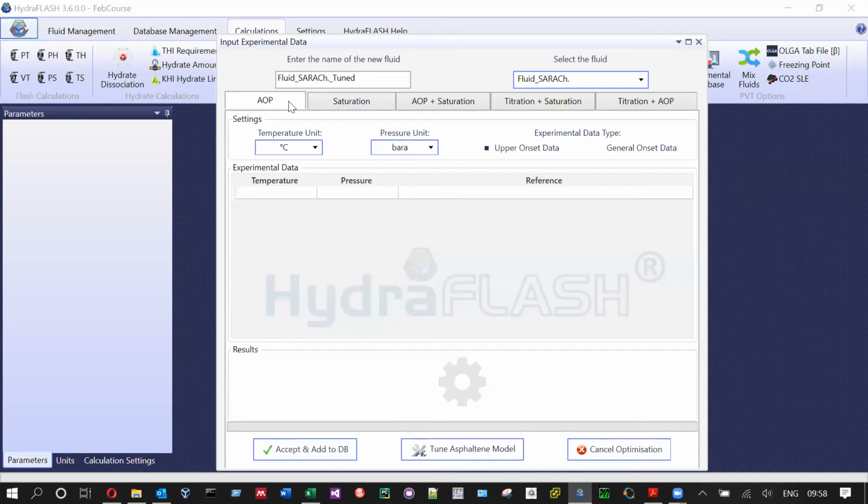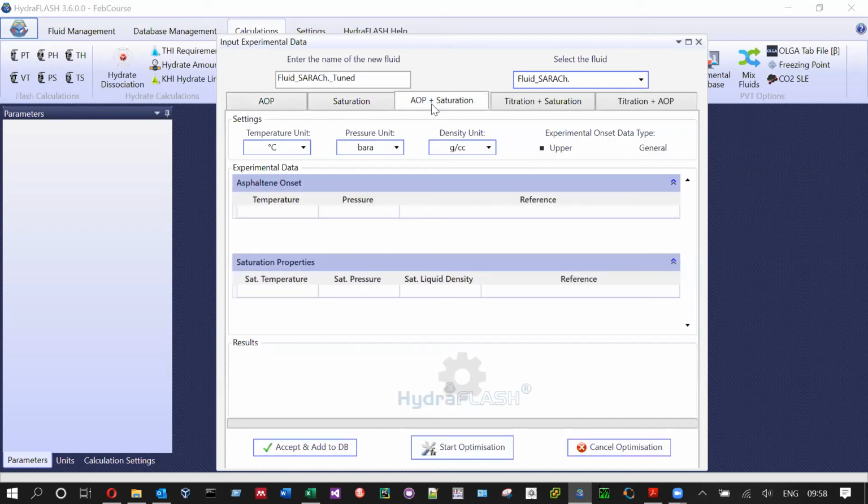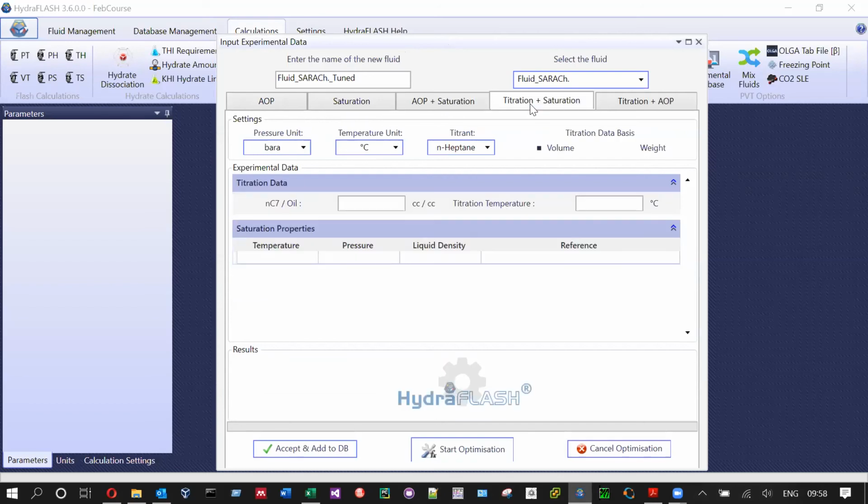You can tune the model using only AOP, the upper onset point, or only saturation, or onset and saturation. And also you can use titration data if you have any titration, normal pentane or normal heptane data. And also if you have titration and also the upper onset measured using a depressurization method. In titration, you usually have a concentration, which is the volume of the titrant, in this case normal heptane.